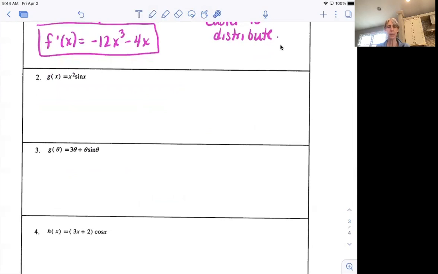In this next example, I have g of x equals x squared times sine x. Okay. So now my functions are two different things. One's algebraic, one's trig. I have to use the product rule. So two different functions, have to use it, but it's super easy.